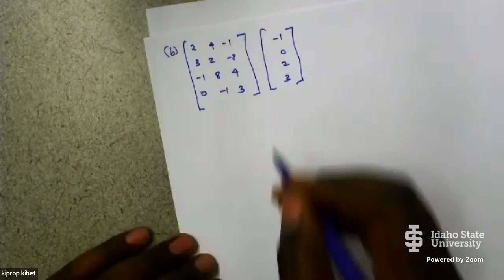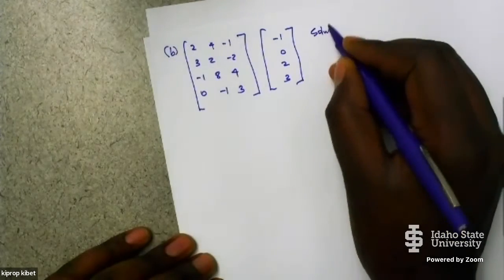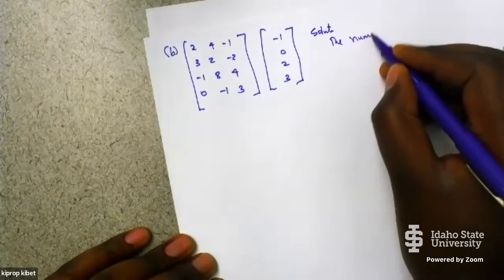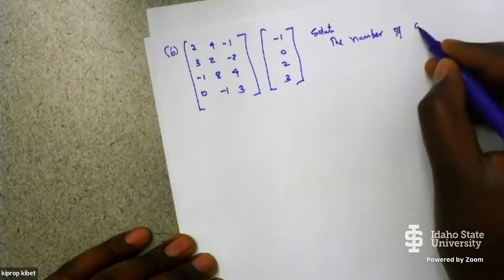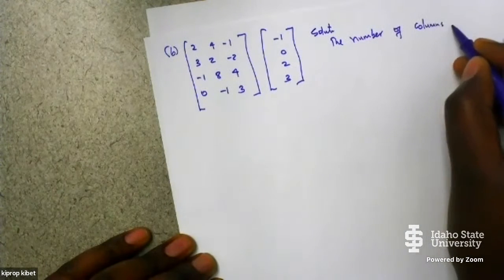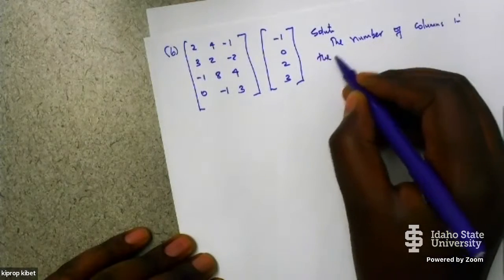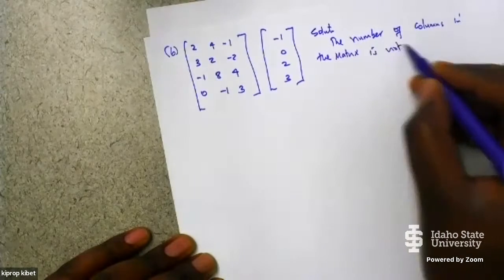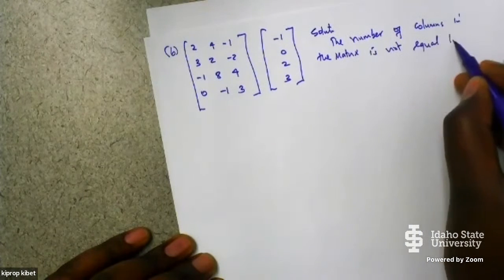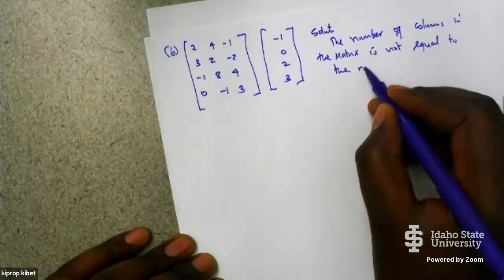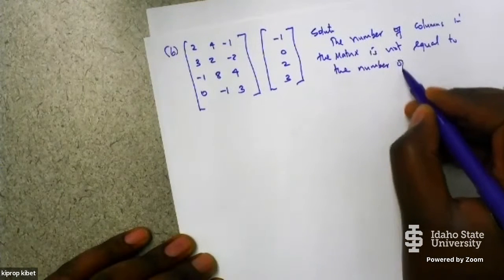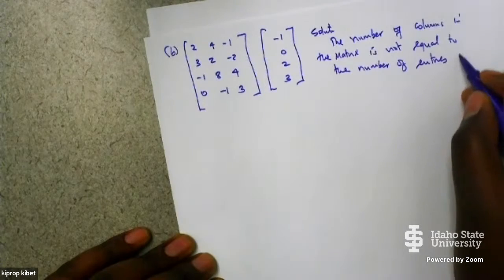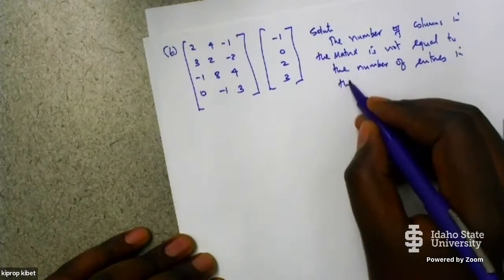So therefore, the solution of this is that the number of columns in the matrix is not equal to the number of entries in the vector.